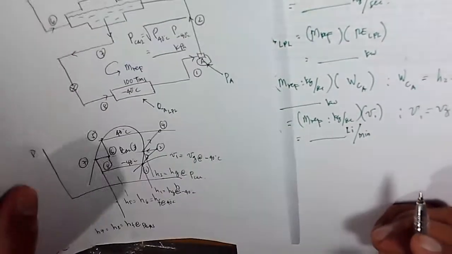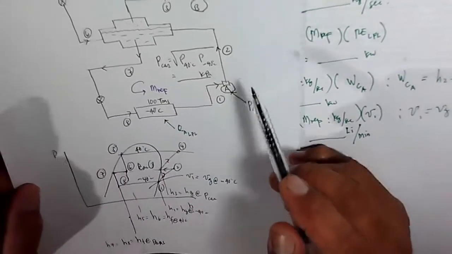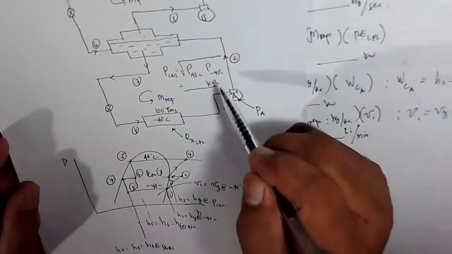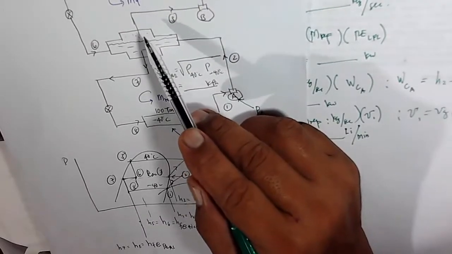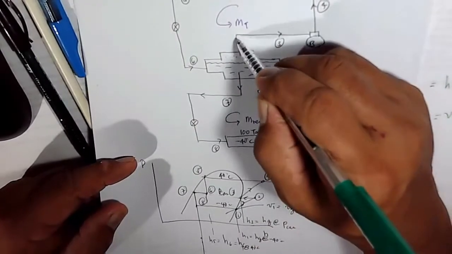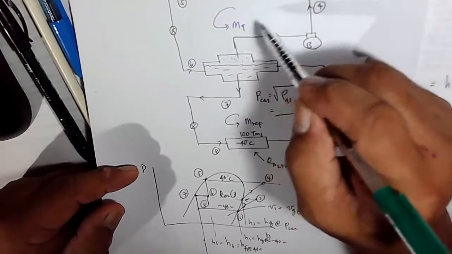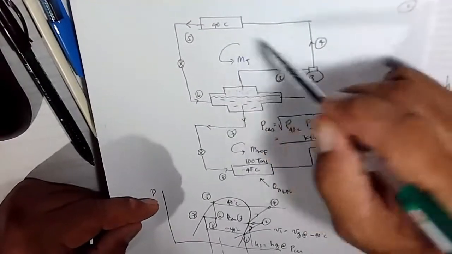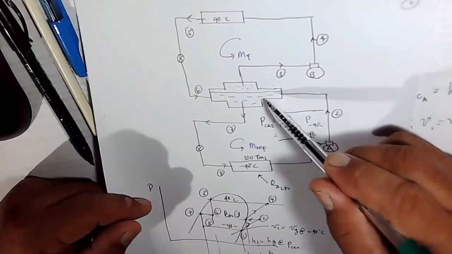Okay, after computing VFA and power of compressor, then we can now compute the mass total, or the mass circulating into your upper loop, by applying mass and energy balance into your cascade condenser.